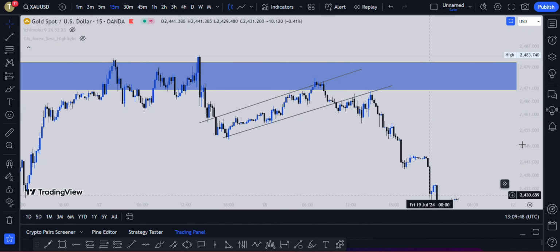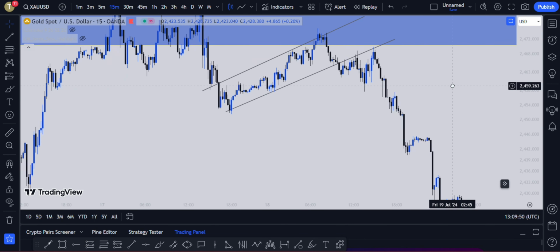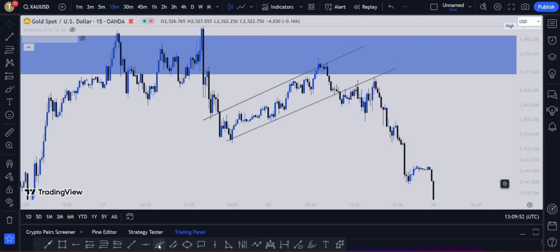This is another channel. When we have a channel like this, we expect price to break either to the downside or to the upside. If this one has broken below, what do we expect? We want it to come for a retest. Once they give us this retest here, we might want to jump in when the previous lows of this retest is broken.